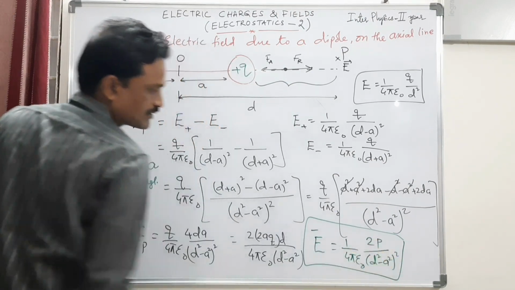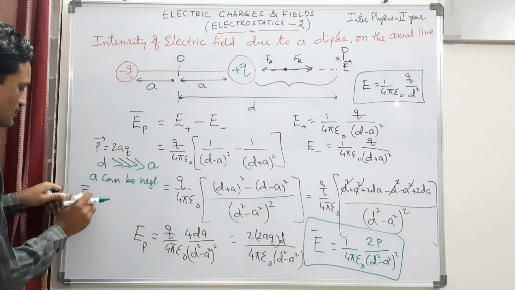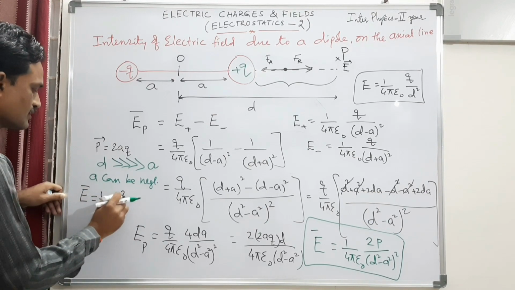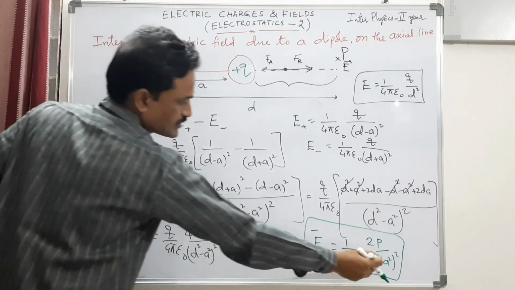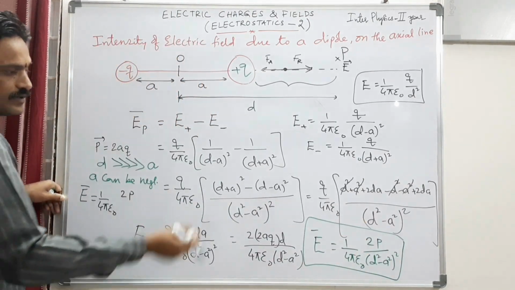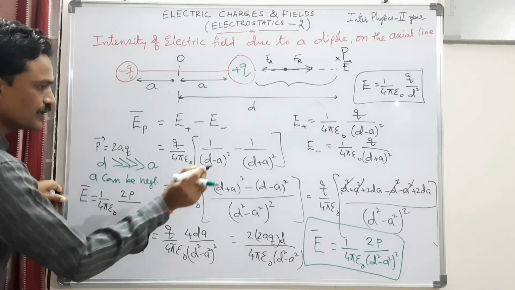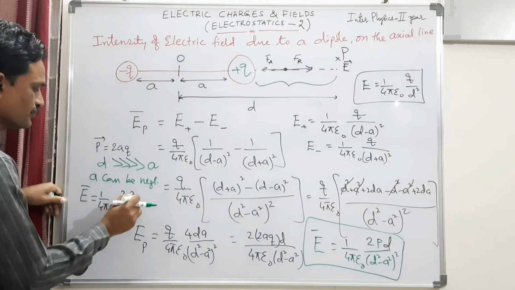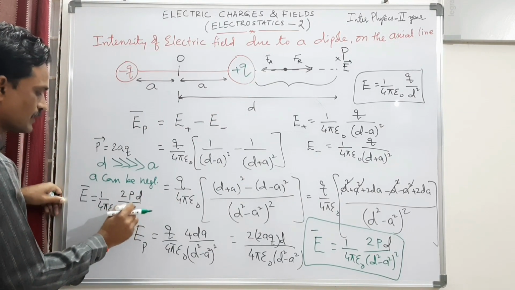For a short electric dipole, I will get E by substituting A is equal to 0 here. I will get E is equal to 1 by 4 pi epsilon naught 2p. So A square will become 0, d square whole to the power of 2, and here you have d also. You will have 2pd by d to the power of 4.